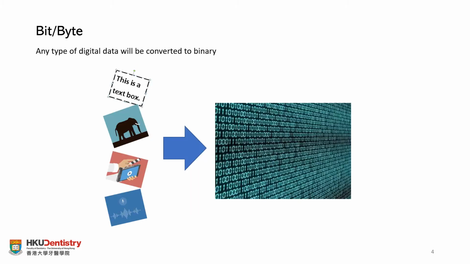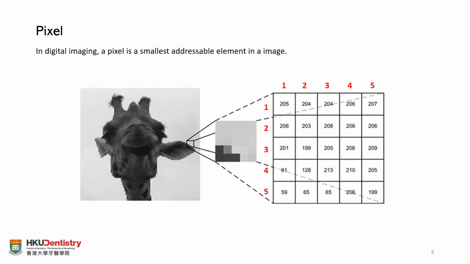I talked about bits and bytes because any type of digital information we have, like text, image, video, and voice, is finally converted to these 0 and 1 bits or bytes, and finally saved in the hard drive. It is the same for images.